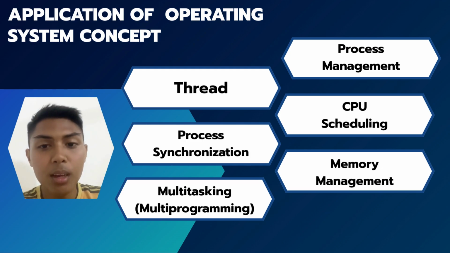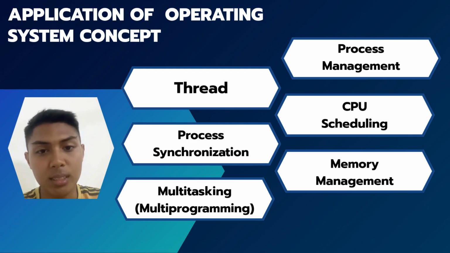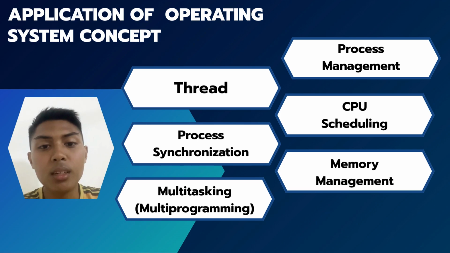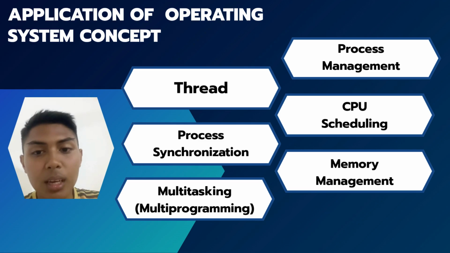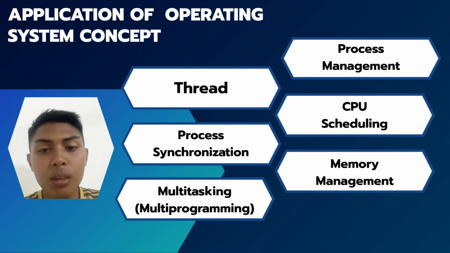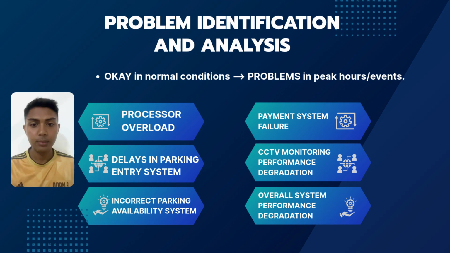And finally, multitasking allows the system to run multiple applications at the same time by quickly switching CPU tasks. This gives users the impression that everything is running simultaneously, such as entering the gate, checking parking availability, making payments, and being monitored by CCTV all at once.